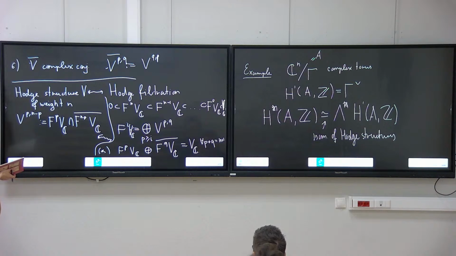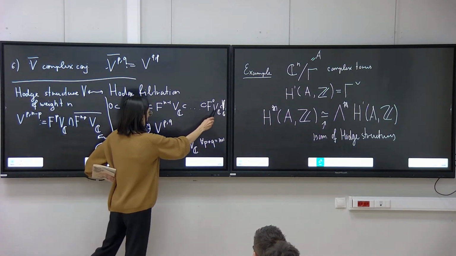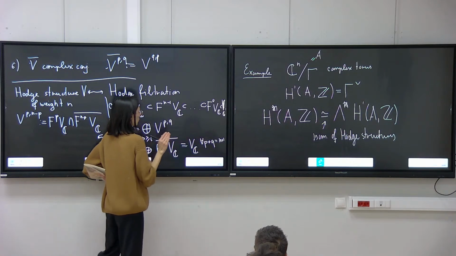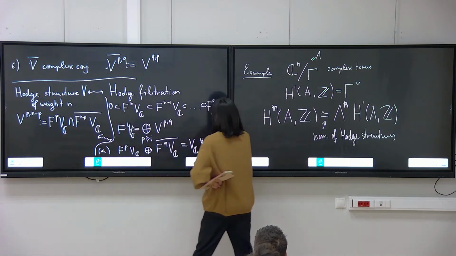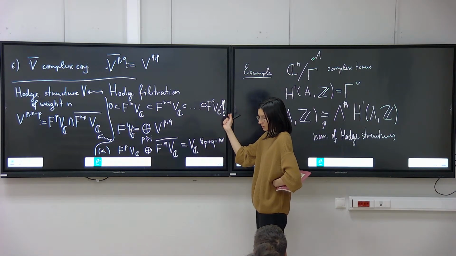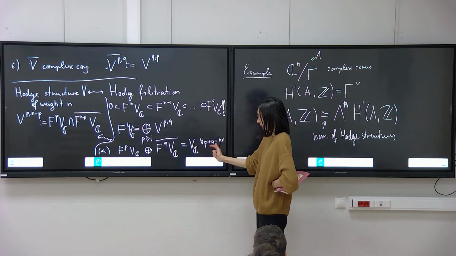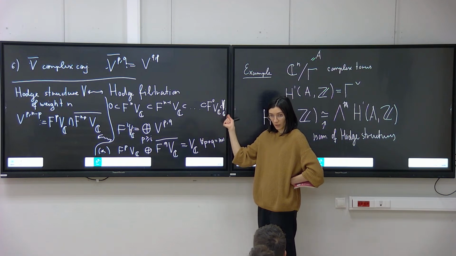Okay, yes, maybe we also should. So, okay, maybe we need to take a lattice here. I'm not sure, I will answer definitely maybe next time, but yes, we should take a lattice here. If we have a lattice here, we automatically will have a real structure on it, because this is just a complexification of the corresponding lattice, right?